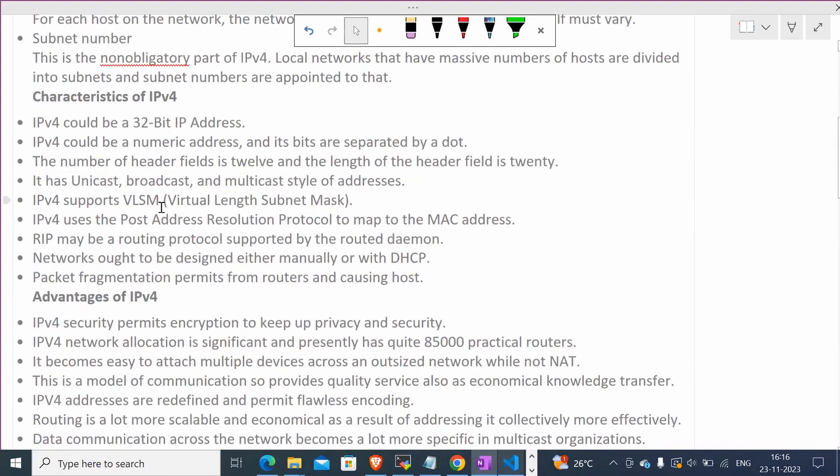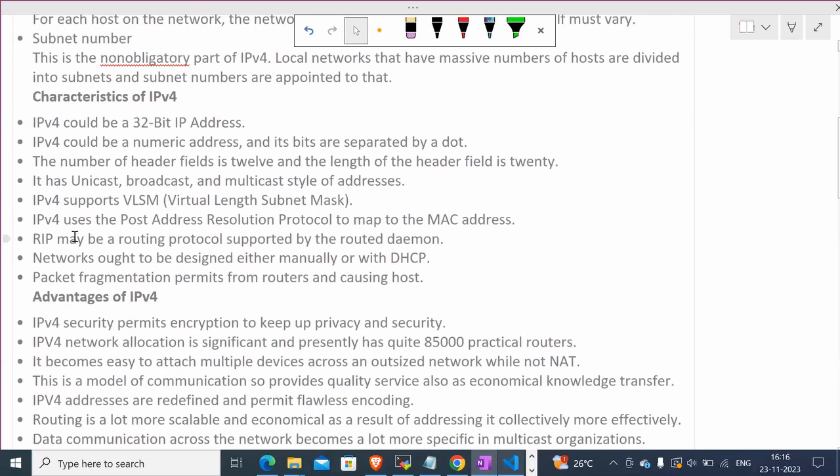IPv4 supports VLSM, variable length subnet mask. I explained it to you. It is just one of the ways to extend your IP addresses. So when you do /1, you have 255 available IPs. When you do /2, for /2 also you have 255 available IPs.